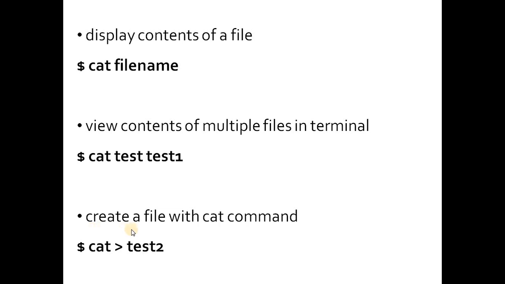Third function, create a file with the cat command. If you want to create a new file using the cat command, we can use it like this: cat, greater than sign and the name of the file. So this is for when you are newly creating the file: cat greater than test2, or the new file name.